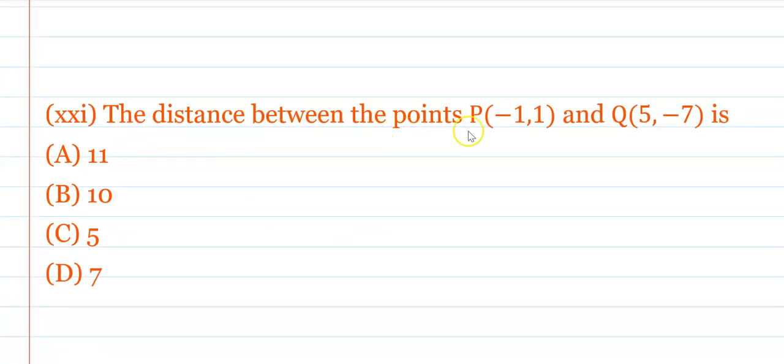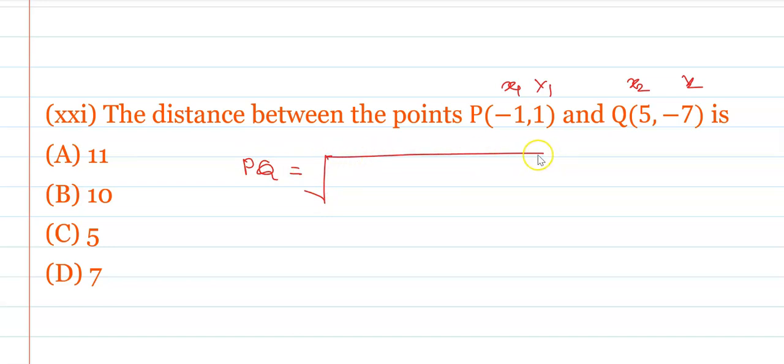The distance between the points P(-1, 1) and Q(5, -7) is. फक्त डिस्टन्स PQ आपल्याला या ठिकाणी फाइंड आउट करायचा आहे. This is x1 आणि हा y1, next x2 and y2. The distance PQ is equal to, again by using the distance formula, या ठिकाणी आपण अप्लाय करणार, square root of (x2 minus x1) bracket square plus (y2 minus y1) bracket square.